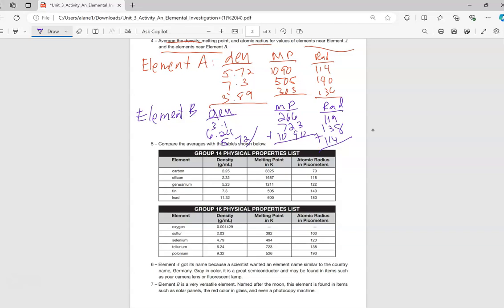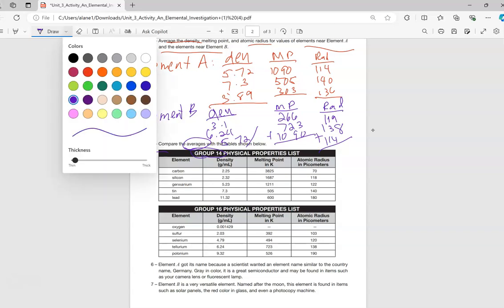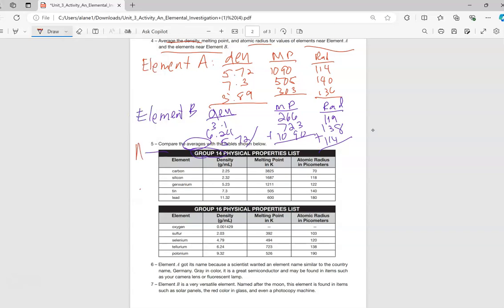So here it says compare the averages, what you calculated up here, with the tables shown below. So you are going to look at element A. So this is group 14, element A. And then group 16, so this is element B. What you're going to do is look at the averages of each of these properties and try to match up which numbers fit closest to either carbon, silicon, germanium, tin, or lead.